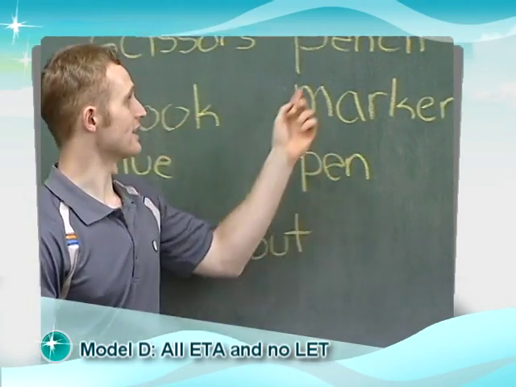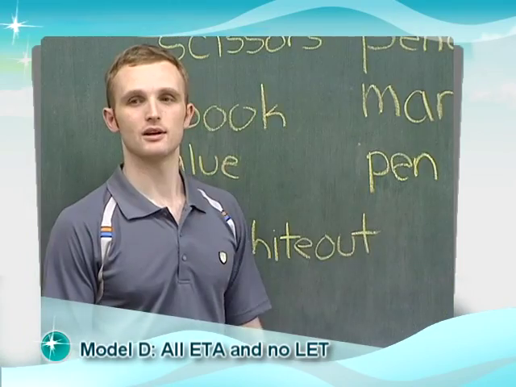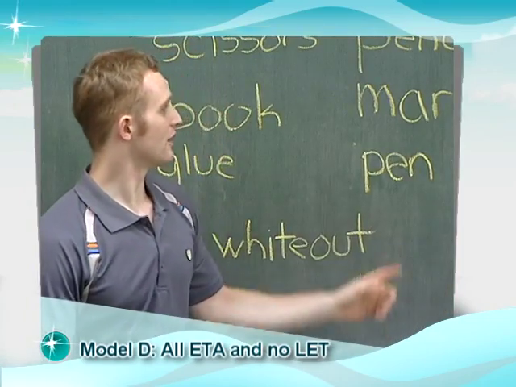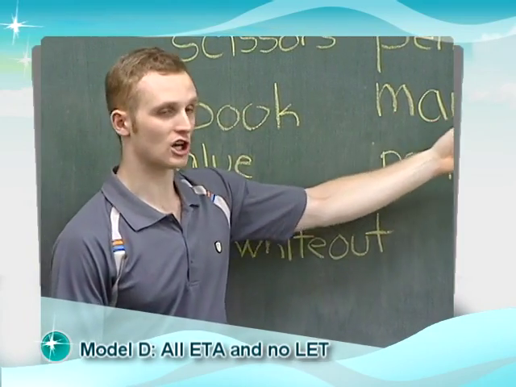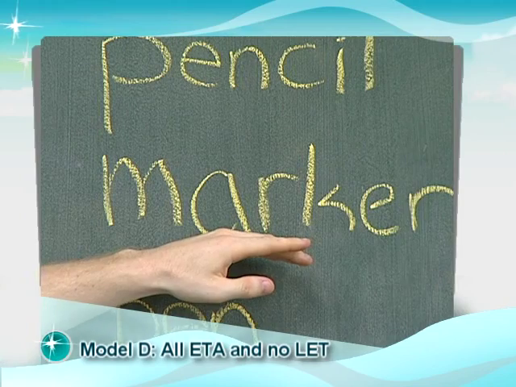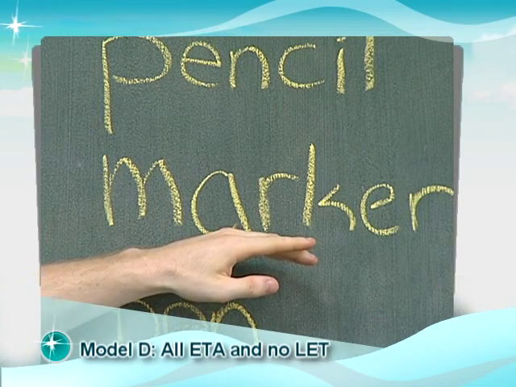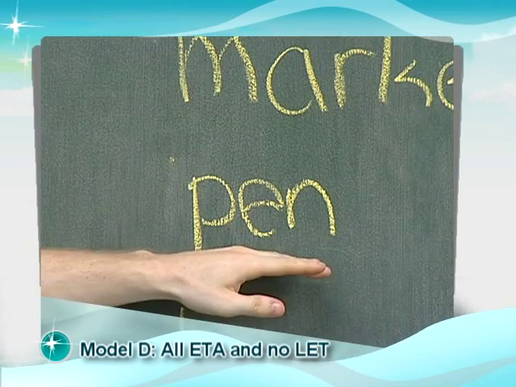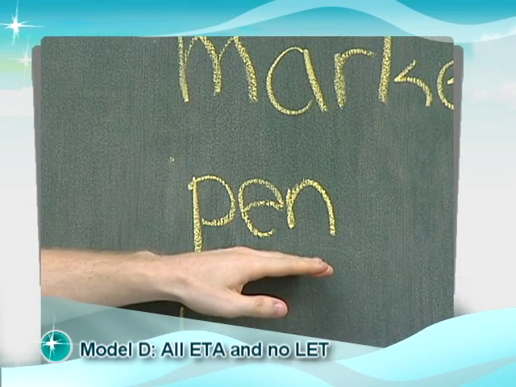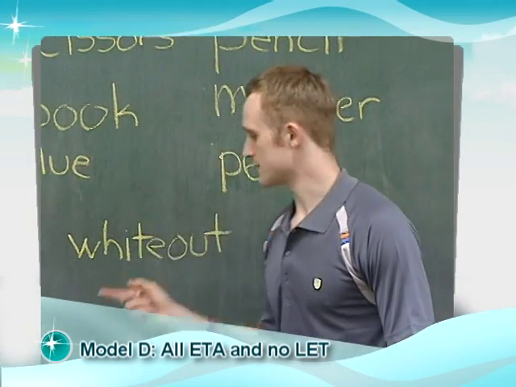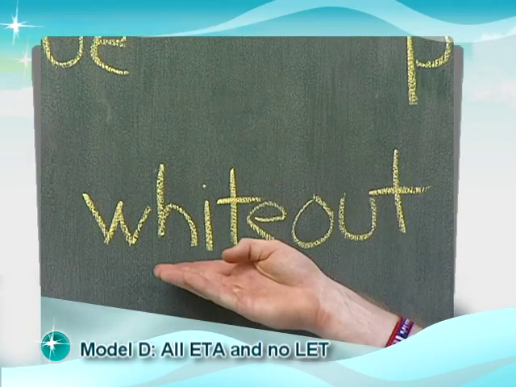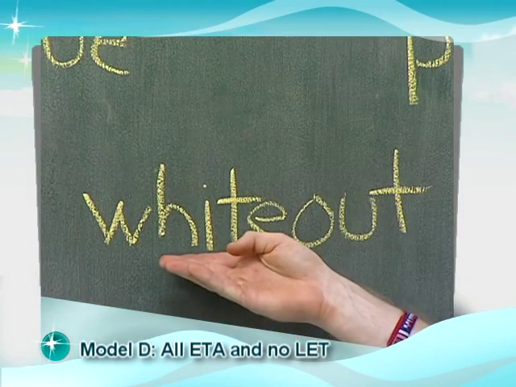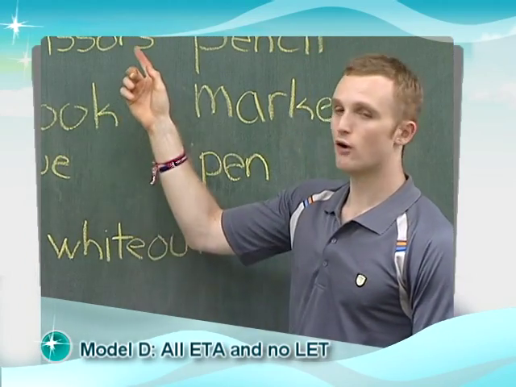The next word is pencil. Pencil. Good. The next word is marker. Marker. Good. The next word is pen. Pen. And the last word is whiteout. Whiteout.